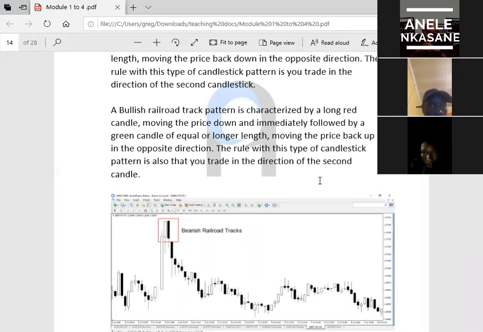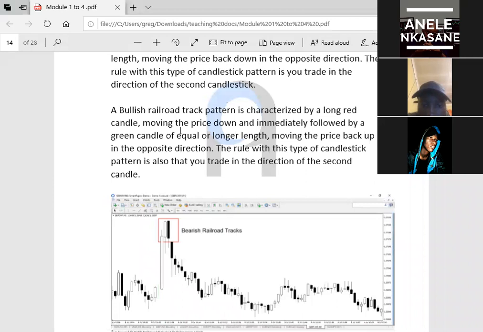I don't think we touched on that too much. The railroad track is representative of a price move that has gone up or down. So let's use the bearish railroad track. If you remember from the previous session, bearish simply means down.